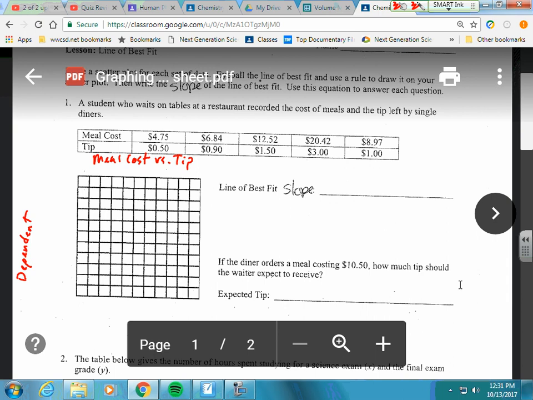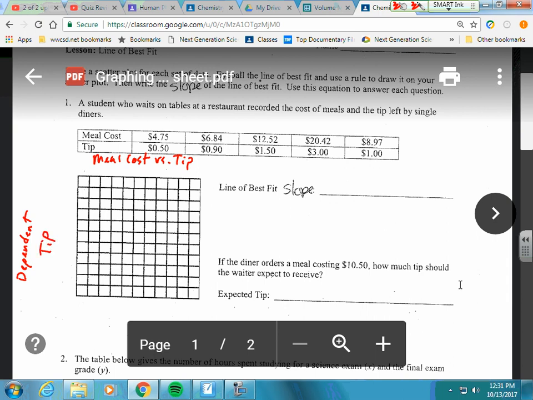In this case, what makes more sense? Meal cost depends on the tip, or the tip depends on the meal cost? The tip depends on the meal cost, so the tip is the dependent variable.